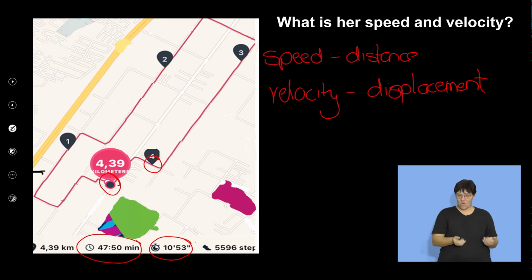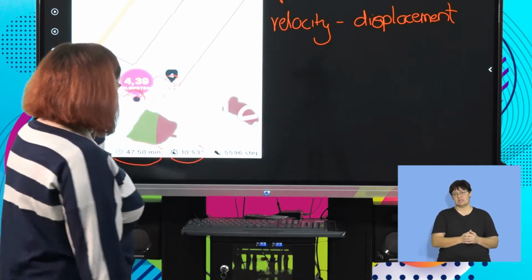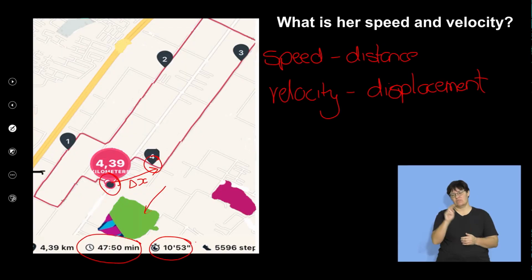Here I can give a velocity now, but it's still going to be very small because her velocity is only this little piece here, whatever that distance is. That displacement would give me her velocity, and it would be at a certain direction. North is here on this map, so she would have gone sort of southwest, but she can have a velocity.